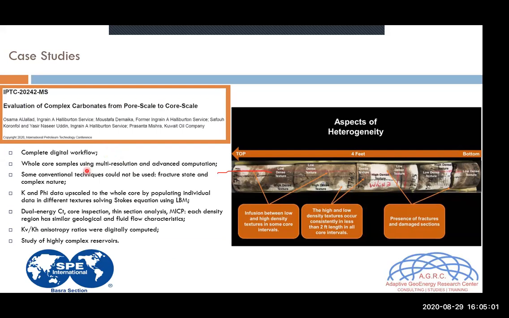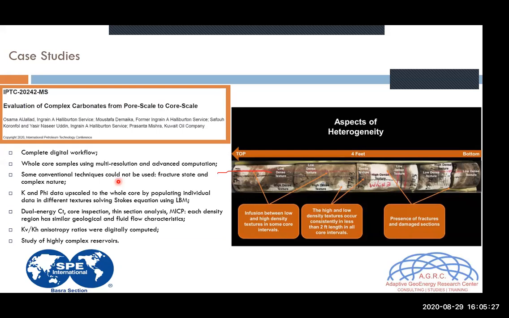Here I put in this bullet that permeability and porosity data could be scaled to the whole core. As I mentioned, we started the simulations in the smaller samples, understanding the physics behind the problem, trying to correlate this with the larger volume, and then moving on to an upscaling perspective.